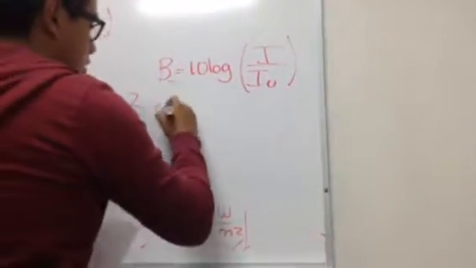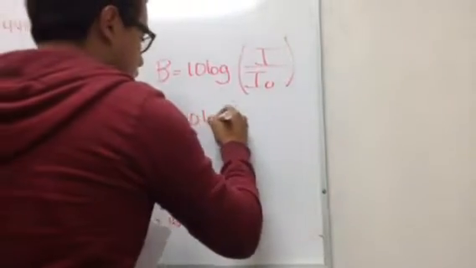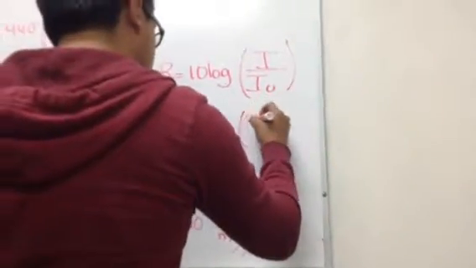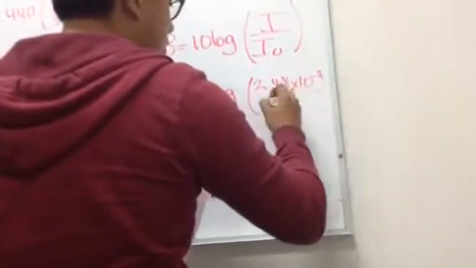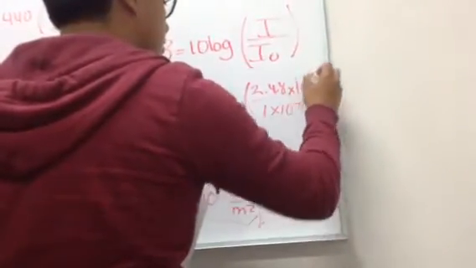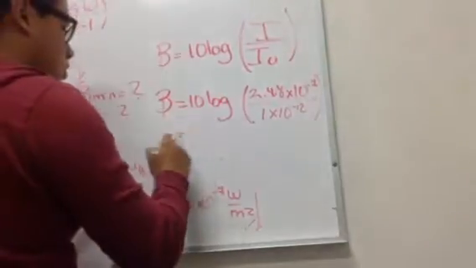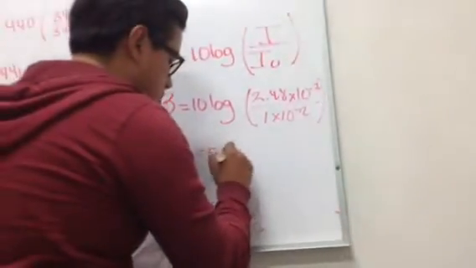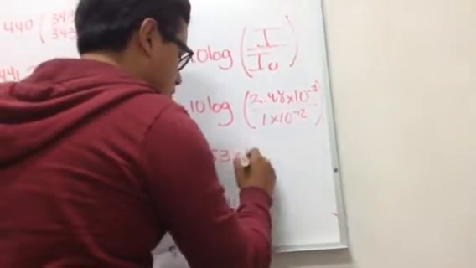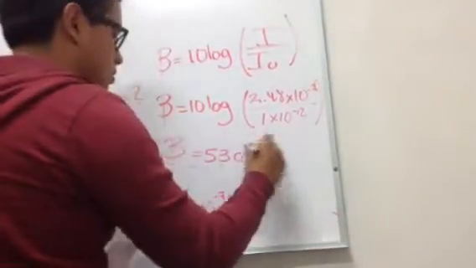It's going to be B is equal 10 log of 2.48 times 10 to the minus 7 over 1 times 10 to the minus 12, which is I naught, which we know already. And B2 is going to be 53 decibels. And that's the end of the problem.